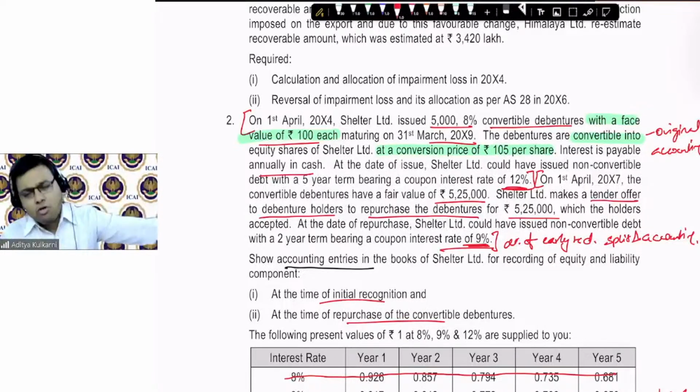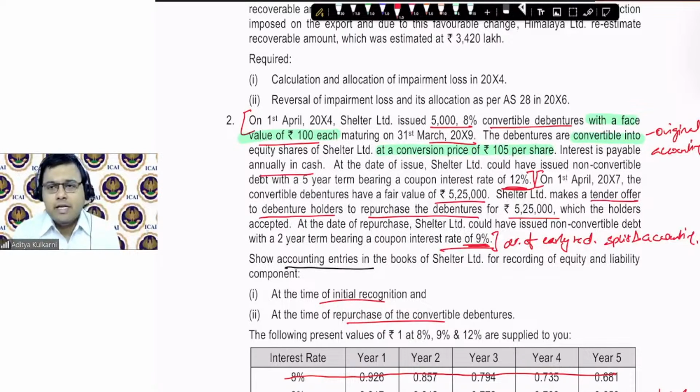If redemption did not exist at all, then how would I do an early redemption? If the instrument did not contain a redemption offer, I cannot do an early redemption because these would be compulsorily convertible instruments. And therefore, the presumption is that these debentures are redeemable as well.